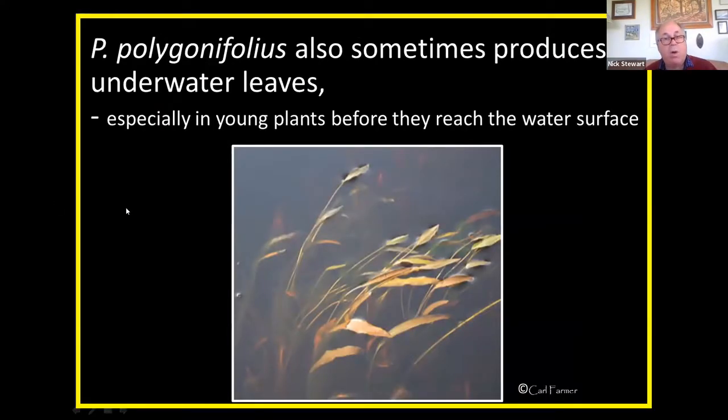Potamogeton polygonifolius also sometimes produces underwater leaves, particularly before it gets to the surface. So in young plants, you may find the underwater leaves of the bog pondweed.